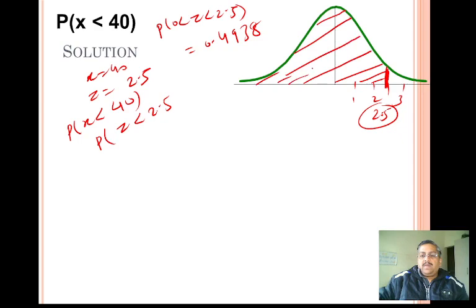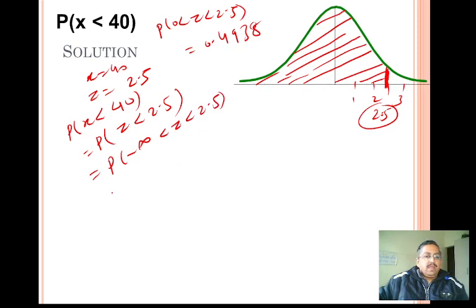So we are interested in finding the area of all this, where this is now the entire standardized Z axis. So the probability of Z less than 2.5 means we are interested in the probability from minus infinity to 2.5, right? And from the table we have the value of only this part, that means 0 to 2.5. We have the value of this part, right?